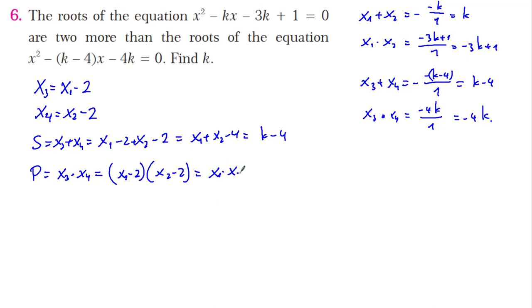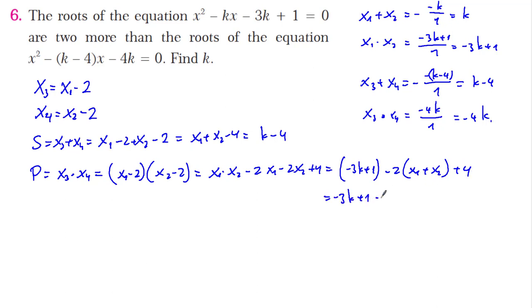Multiplying here, x1 times x2 minus 2 x1 minus 2 x2 plus 4, we get x1 times x2 is actually negative 3k plus 1, I got it from here. And minus 2 and the sum x1 plus x2 plus 4. That's negative 3k plus 1 minus 2 times the sum, that's k, plus 4. So we get minus 5k plus 5.